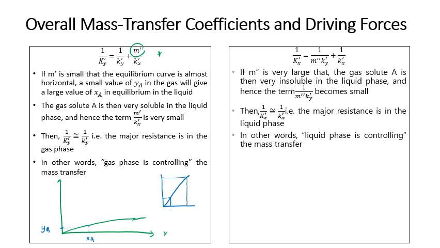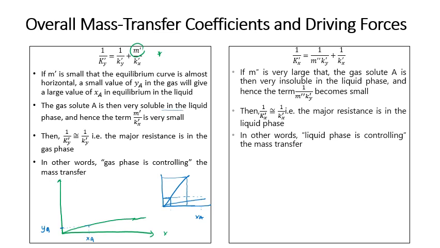But if it's very flat like this, then a small yA would give you a very large xA. That's what it means. And then the gas solute A is very soluble in the liquid phase.